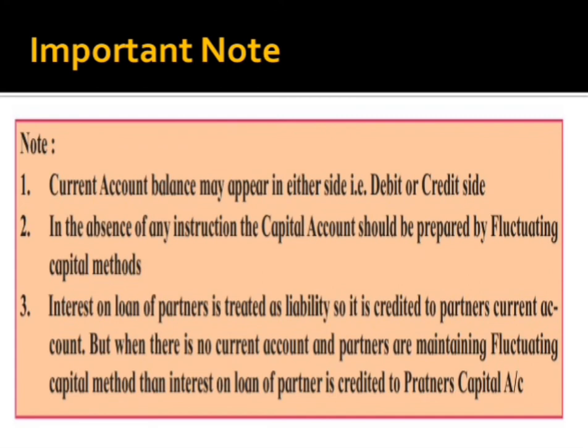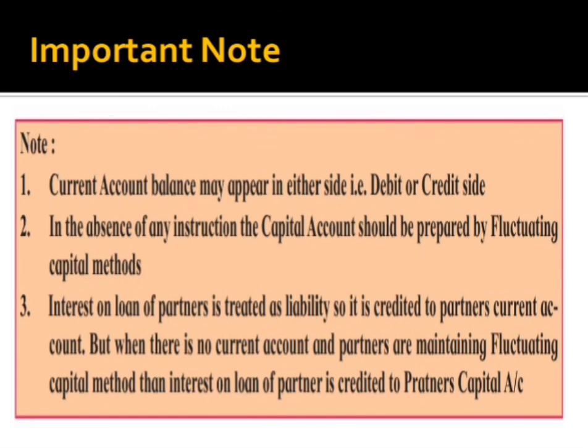Number one, current account balance may appear on either side, that is debit or credit side. Number two, in the absence of any instruction, the capital account should be prepared by the fluctuating capital method.